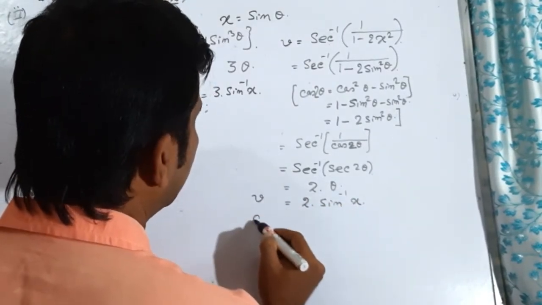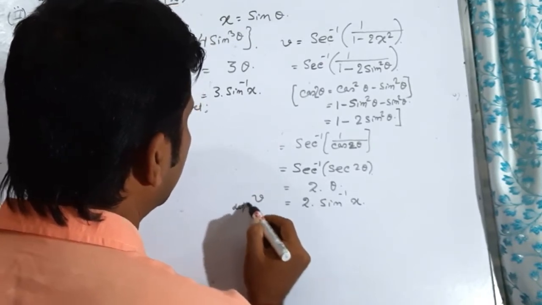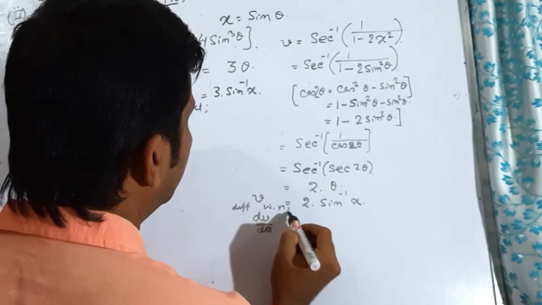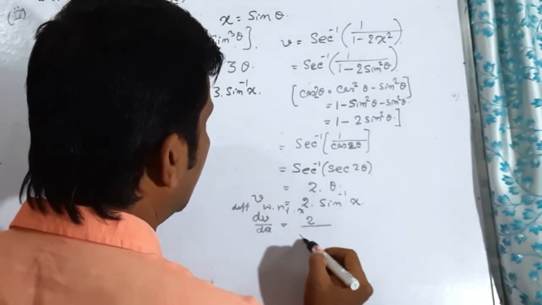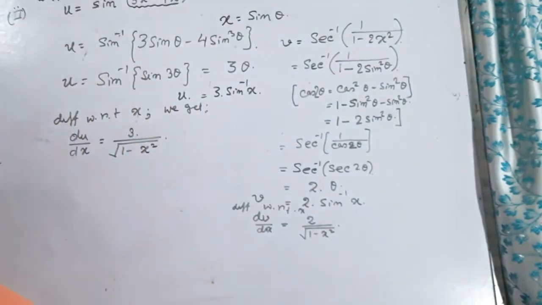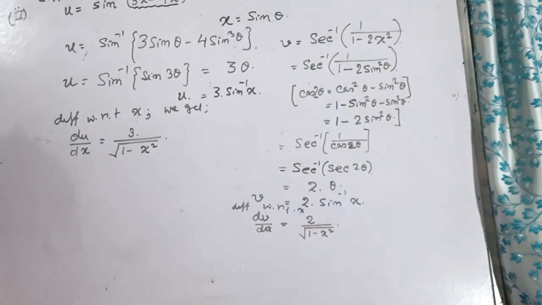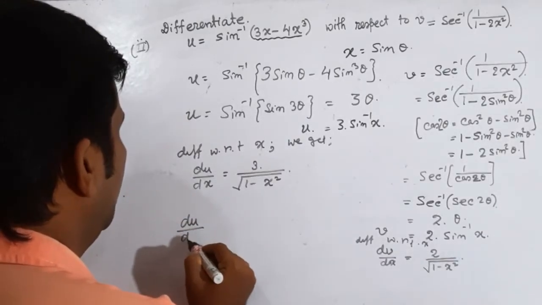Then dv/dx, differentiating with respect to x, dv/dx is equal to 2 by root over 1 minus x square. Now you have to find du/dv.